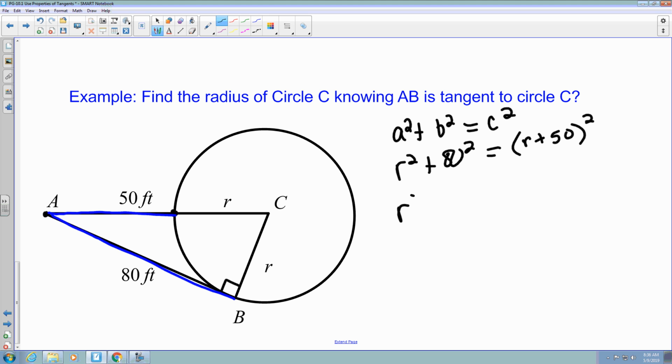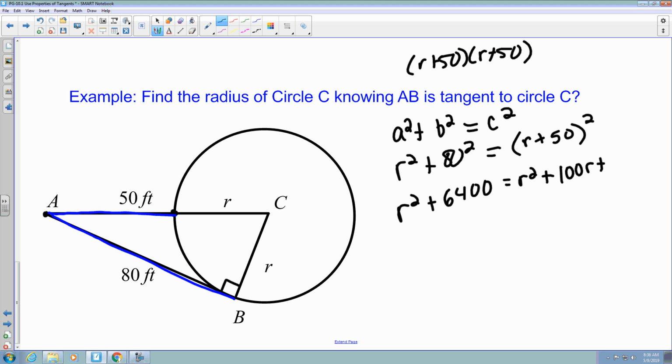So we got R squared plus 80 squared, which is 6,400. Now we have to remember that this is R plus 50 times R plus 50. We have to FOIL it. When we FOIL it, it should be R squared plus 100R plus 2,500.